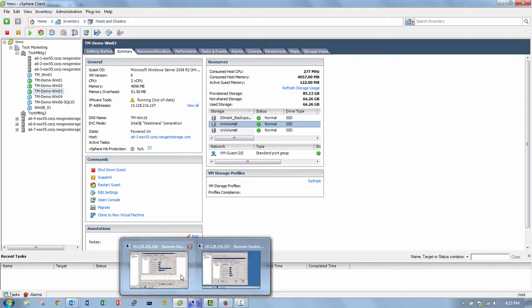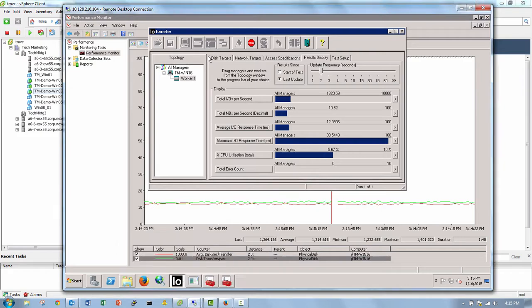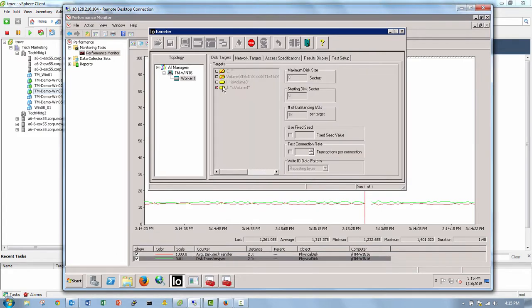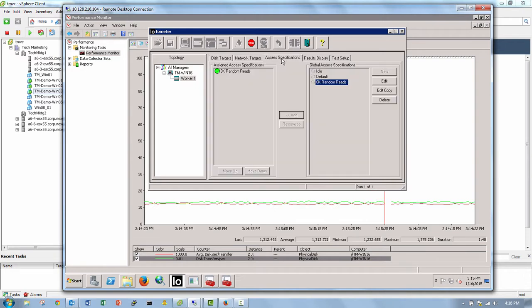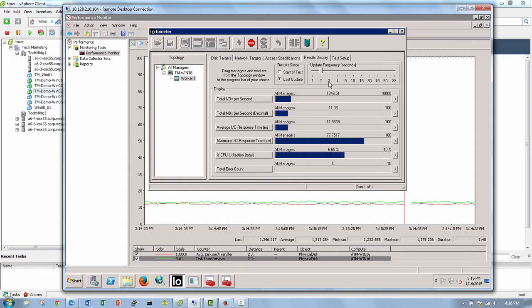You see here that I am running an IO meter workload on this VM. The disk target under load is the volume called IO volume 4. The workload is an 8K random read. And we are currently getting about 1300 IOPS at about 12 milliseconds of latency.